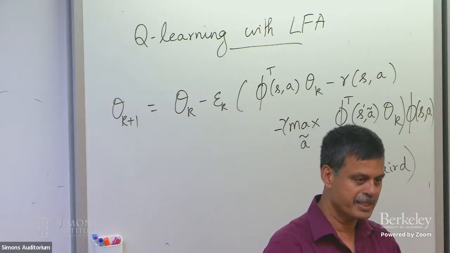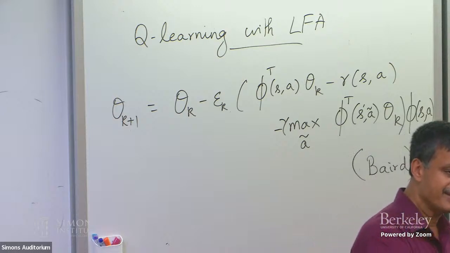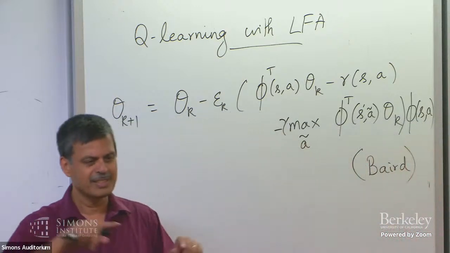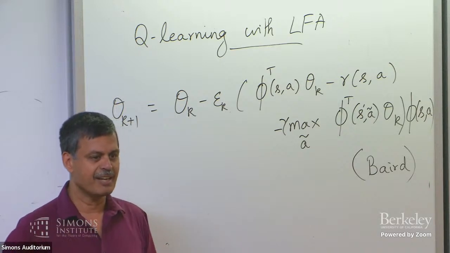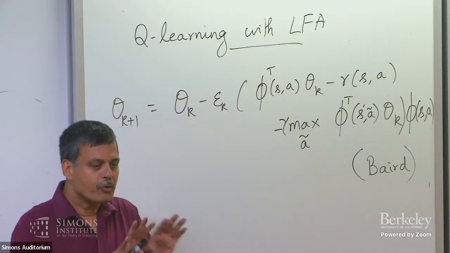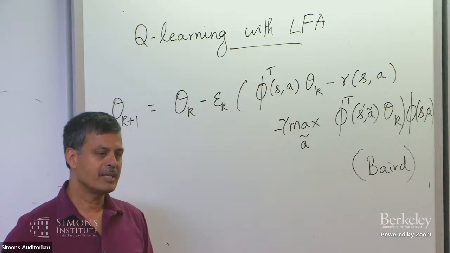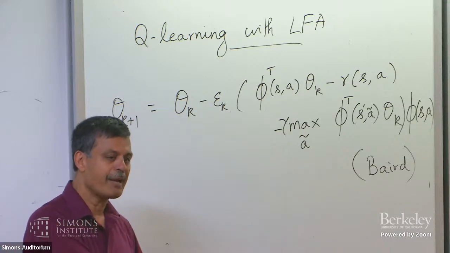But that's not a good answer, because it doesn't tell you why the counterexample works. For that, you have to go look at Baird's example. It's like 8 or 9 states, and it's complicated. Proof-wise, there are multiple norms involved, and we were able to solve it in the tabular case.